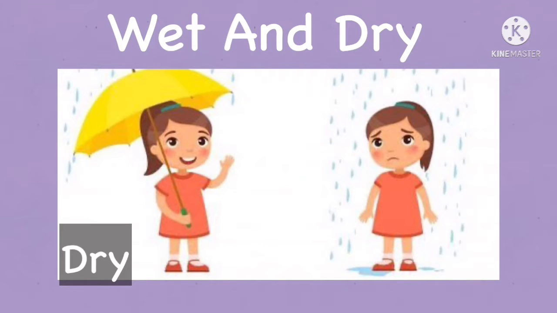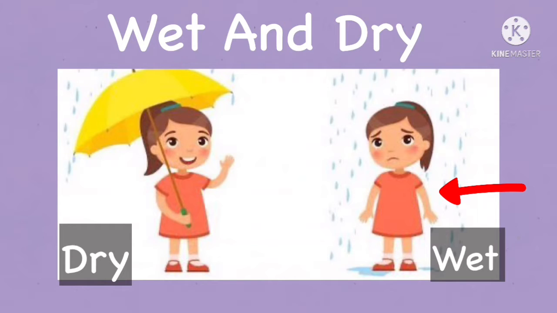However, the other girl who does not carry an umbrella with her is getting wet. Do you know why? It is because she does not have an umbrella to protect her against the rain.